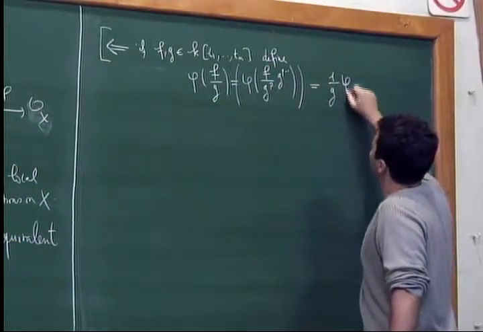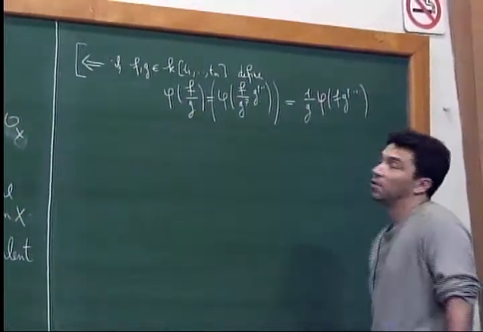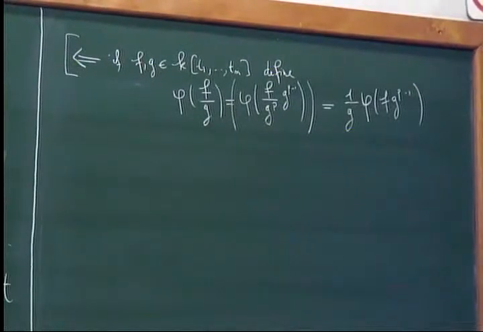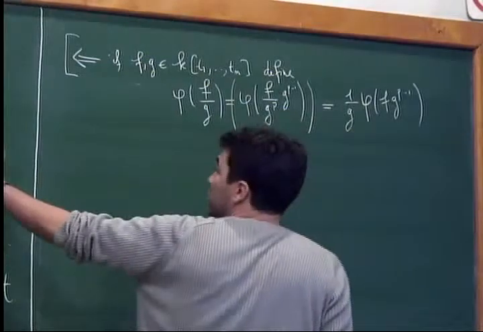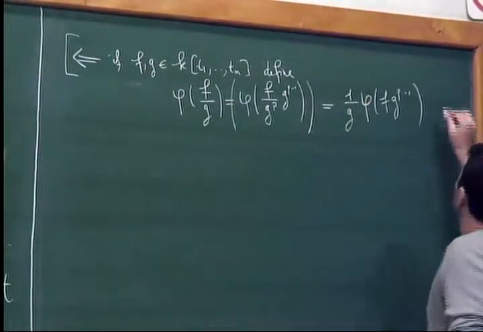You need to use this formula. So you can extend such a map from the polynomial ring to the sheaf of functions on the affine space.